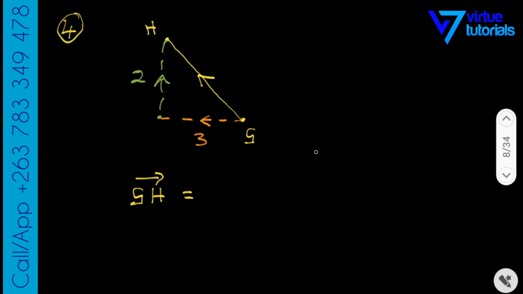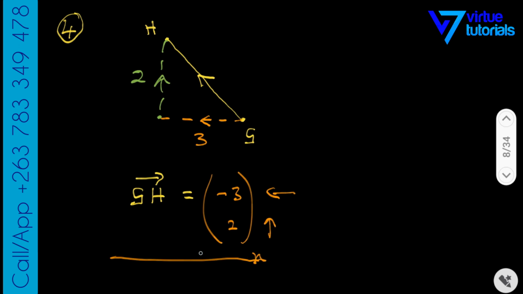We have a vector GH now. The vector GH is 3 steps to the left and 2 steps upwards. So because we're moving to the left, that's a negative, and because we're moving upwards for the y direction, that's a positive. So it's minus 3, 2. That is our vector GH.